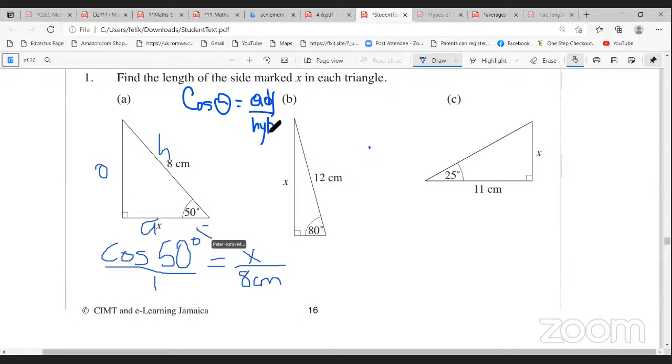Put the times 8 up here. 1 times 8 is 8. So the 8 centimeters cancel.